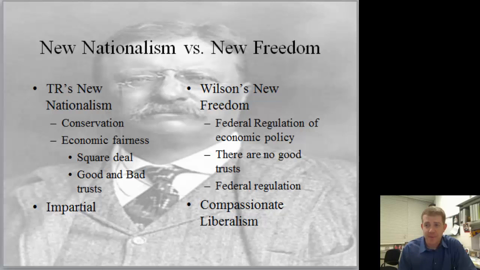And then he believed in economic fairness, not leveling of the playing field, but just fairness. He offered what he called a square deal to the American people. Some business monopolies he believed were good for the country, and they were going to be allowed to thrive and survive. Others were being manipulative, and he was going to use his powers as president to break them up. He viewed himself as being impartial.